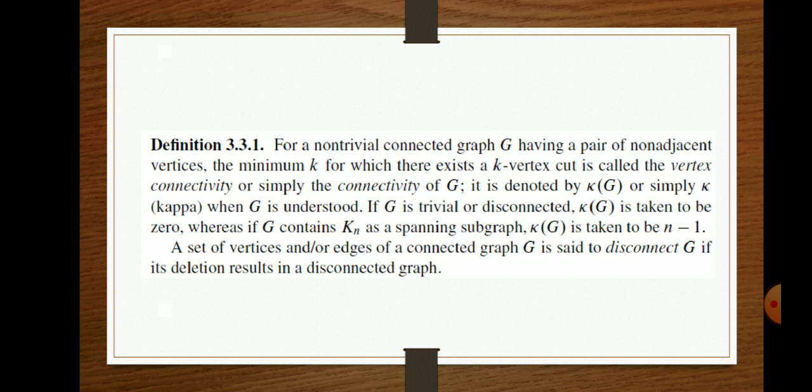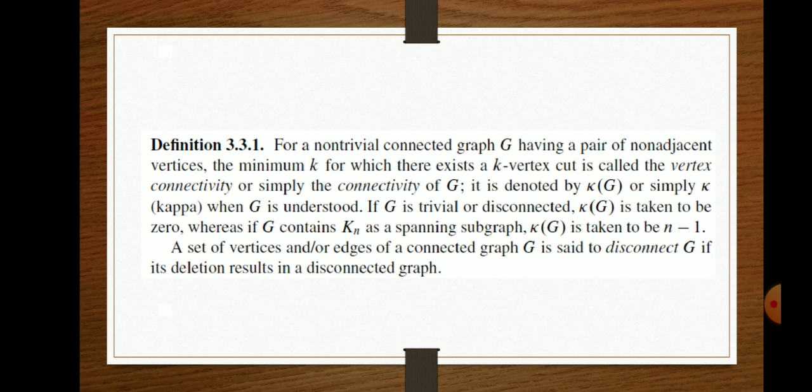A set of vertices or edges of a connected graph G is said to disconnect G if its deletion results in a disconnected graph. Here, connectivity means, for example, if you consider a graph with 5 vertices, someone removes 3 vertices, then the resulting graph is disconnected. Someone removes 4 vertices, then the resulting graph is also disconnected.